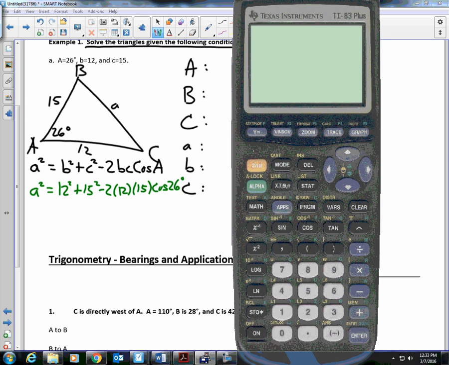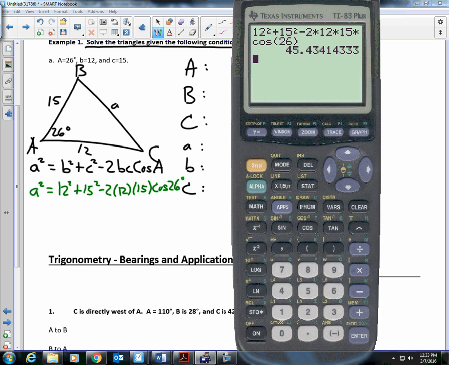I'm going to type it in just like I see it. 12 squared plus 15 squared, press enter. Is that my answer? Why not?